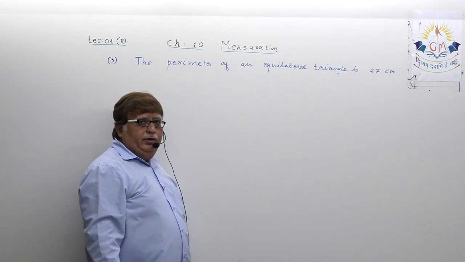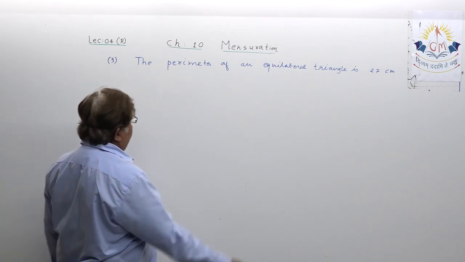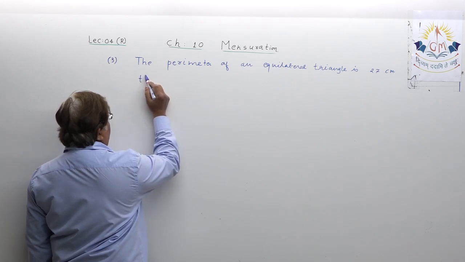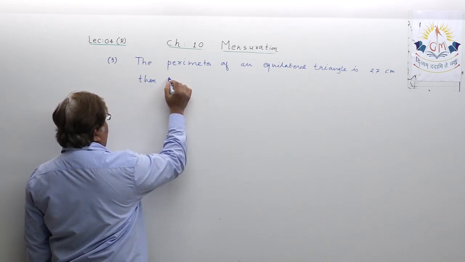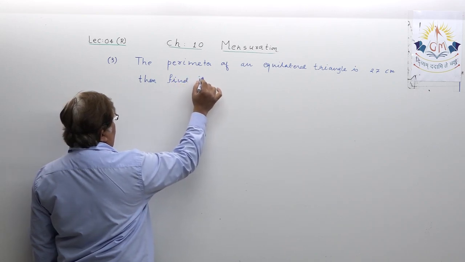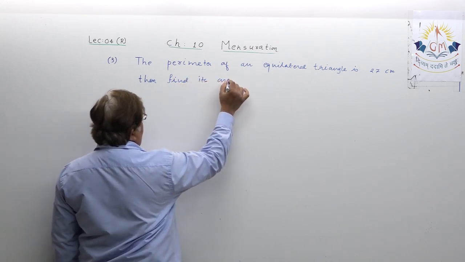Perimeter of an equilateral triangle is 27 centimeter. Then find its area.